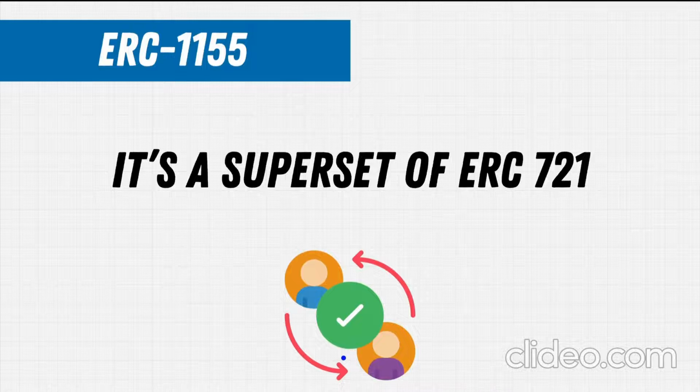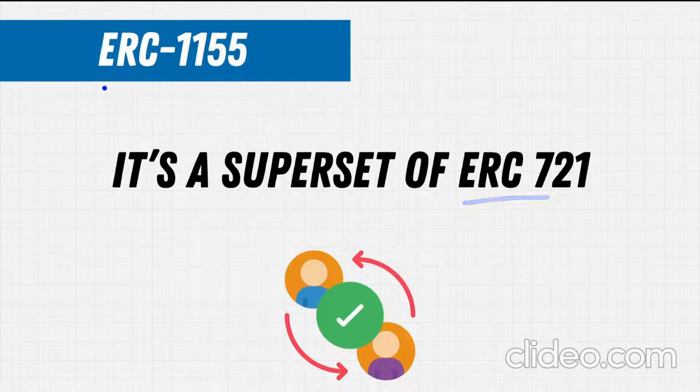There's a lot of enhancements, but it's a superset because you can also create an ERC-721 asset inside of a smart contract that is ERC-1155. Now, this is a complicated mechanism for saying that they're complementary. Basically, they're complementary. They're not competition.